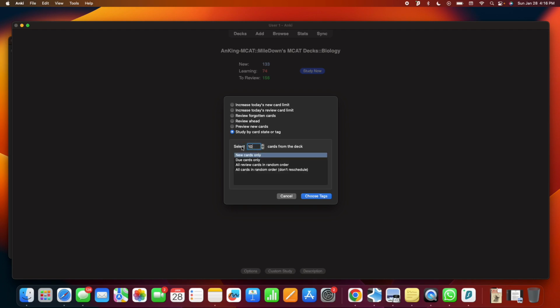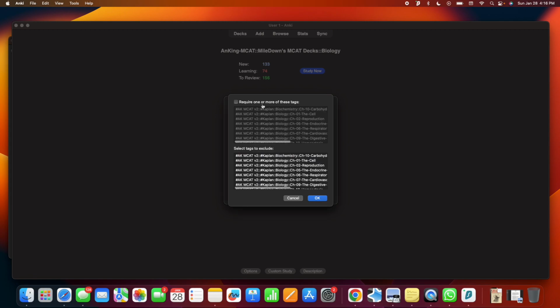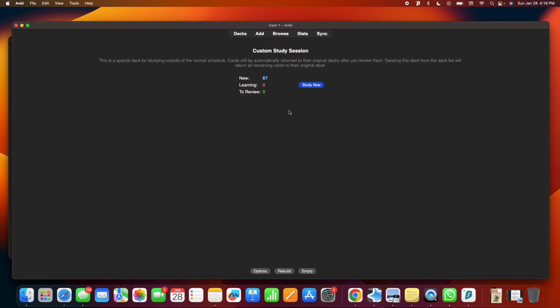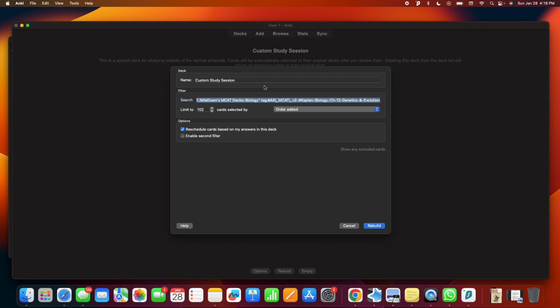Then it was 102. Let's put one more. Choose tags, chapter 12, genetics. We don't want anything else selected. Great. We okay that. We have 87 to learn, because some of them are probably duplicates. And we name it B12 genetics.